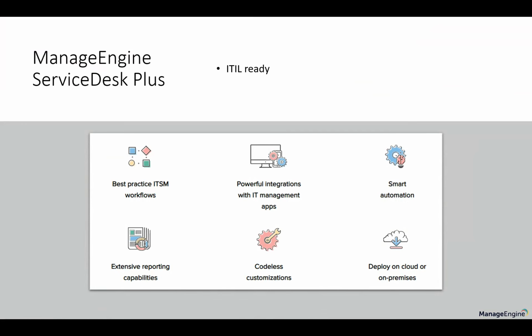A couple of automation things that come to my mind here is technicians can be auto-assigned to tickets. So you don't need a help desk coordinator to sit and assign tickets to your technician. So there's a technician auto-assign feature, which either uses round robin or load balancing technique. There's also SLA auto-escalation.